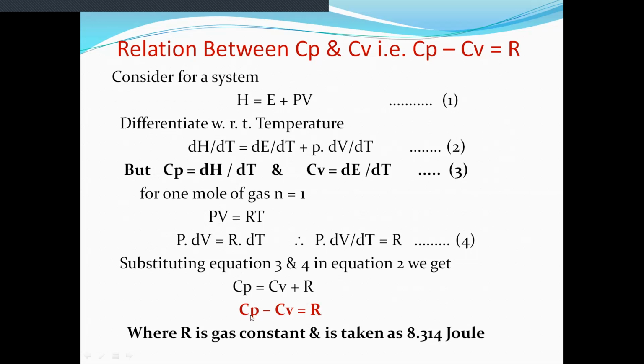Cp is molar heat capacity at constant pressure, Cv is molar heat capacity at constant volume, and R is the gas constant, whose value is taken as R is equal to 8.314 joule. So this is about the relation between Cp and Cv, or prove that Cp minus Cv is equal to R.